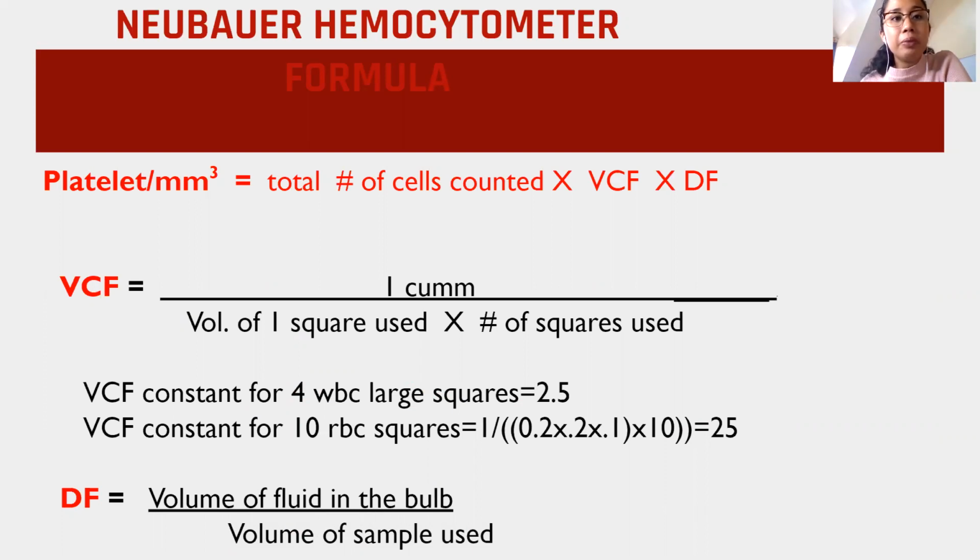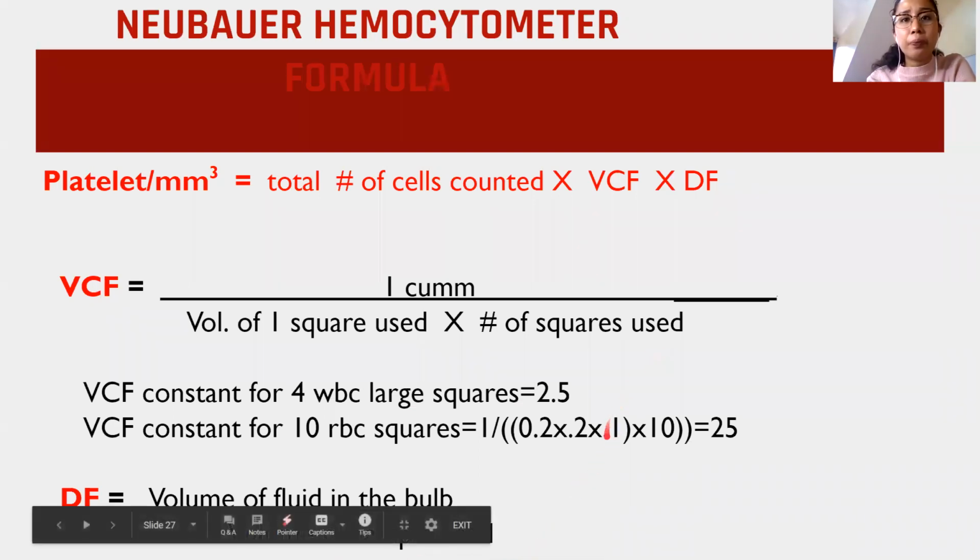So, mag-iiba rin ang VCF constant kung sa phase contrast microscopy ang ginamit nyo. So, 10 RBC squares. So, 1 divided by 0.2 times 0.2 times 0.1. Ma'am, saan nakuha yung 0.1? So, this is the depth of the hemocytometer. 0.2, class, is the length and the width of your RBC square.